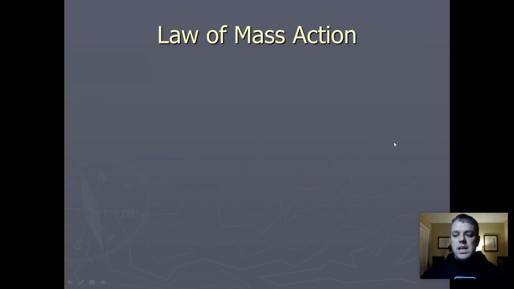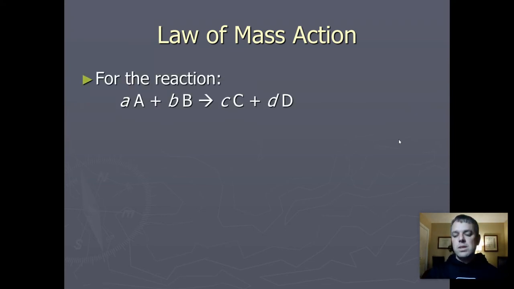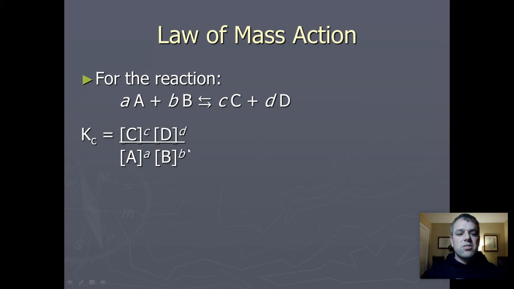Now, in order to write an equilibrium expression, we need to use the law of mass action, which says that for any reaction with reactants A and B and products C and D, with coefficients represented by the lowercase a, b, c, and d, your equilibrium expression says that K equals the concentration of your products raised to the power of their coefficients, divided by the concentration of the reactants raised to the power of their coefficients.